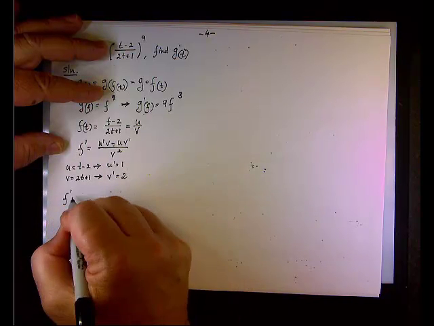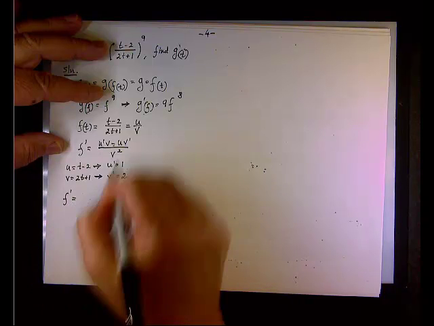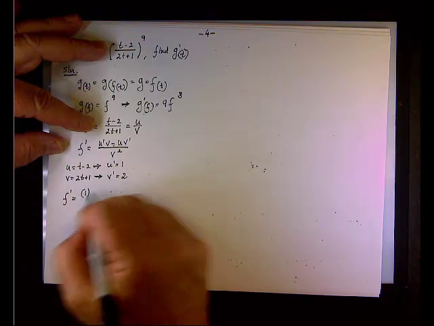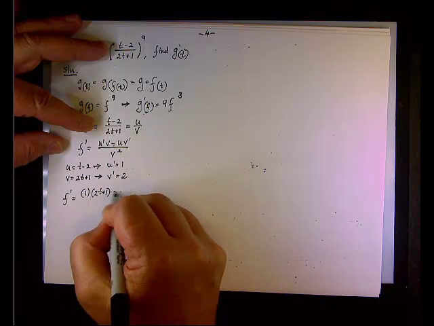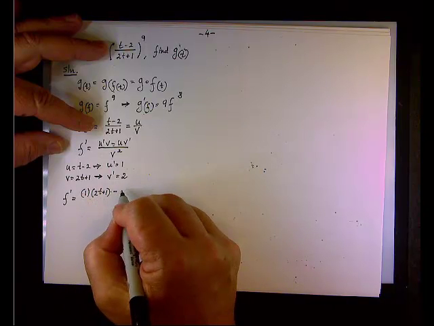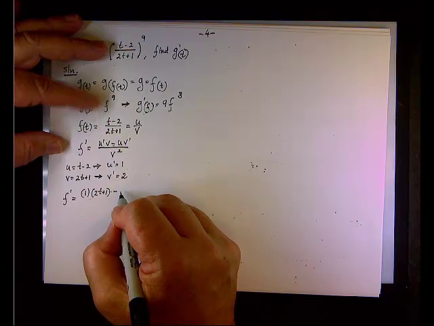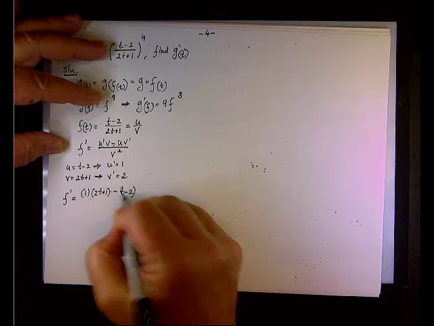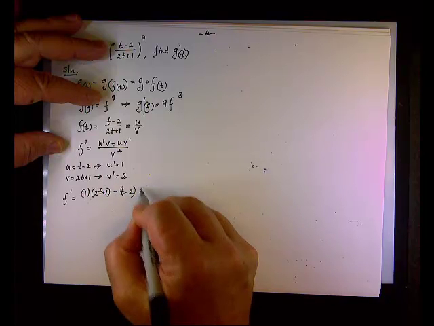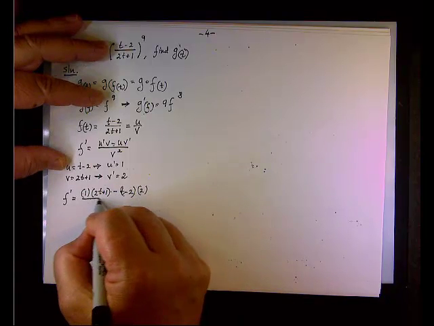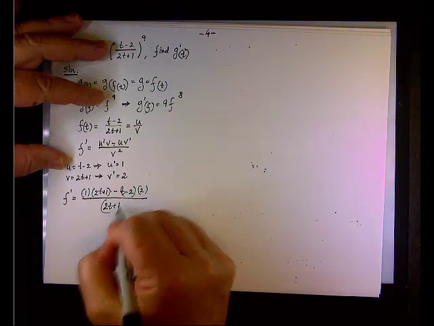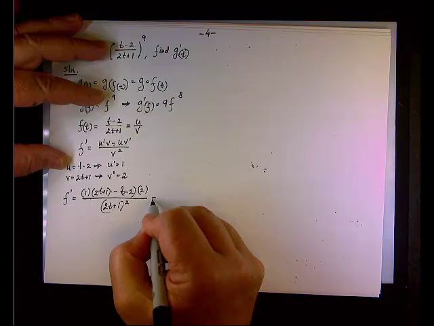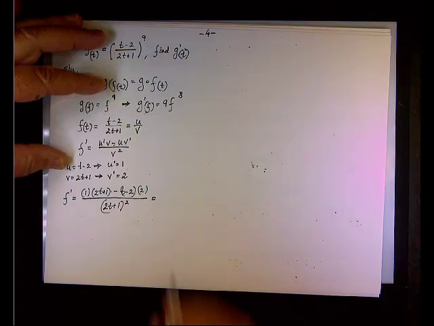So f prime equals u prime 1 times v, 2t plus 1, minus u, which is t minus 2, times v prime, which is 2. And all of it is divided by (2t plus 1) squared. Okay, so let's clean house.